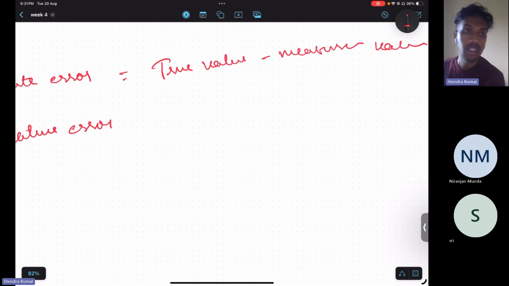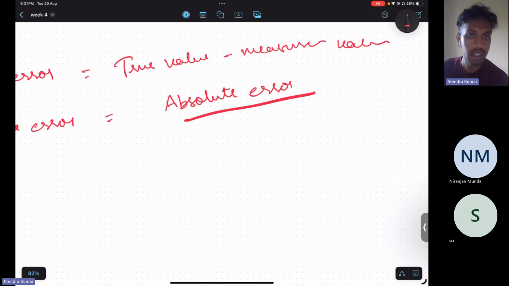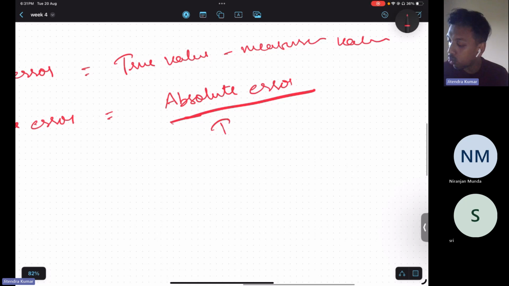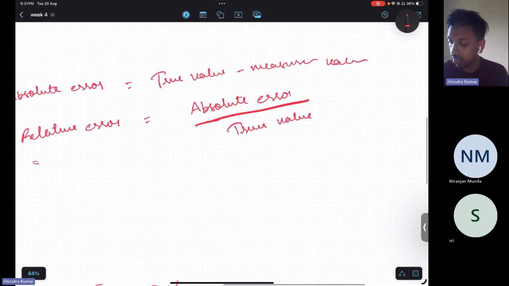And relative error is nothing but absolute error, which you definitely need to calculate, divided by the true value, which is what we just did. Relative error is also known as percentage error.